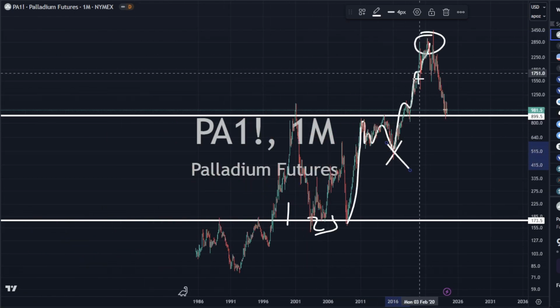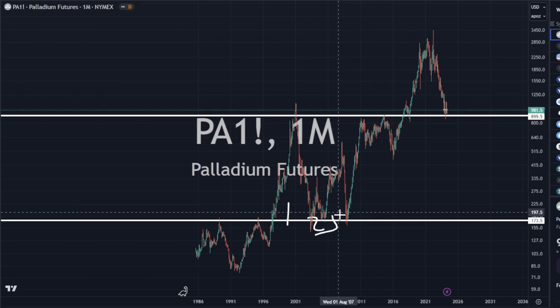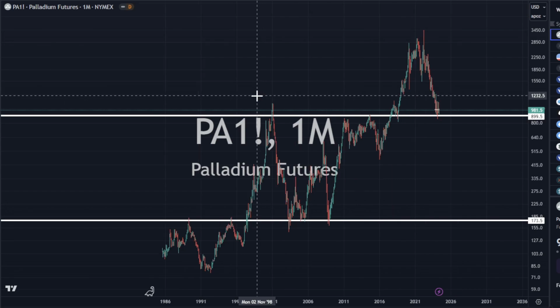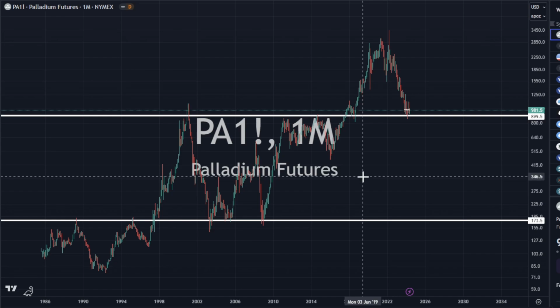And we're about to move into another big wave, which palladium experienced in the offset of commodities. So I don't think palladium's a great play. I just think that it's at support and it's out of cycle.